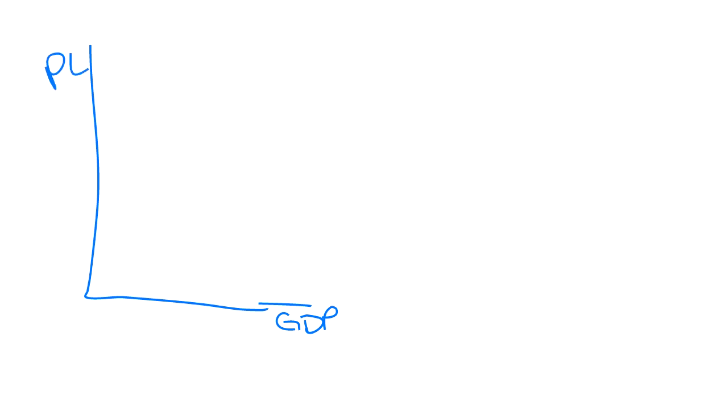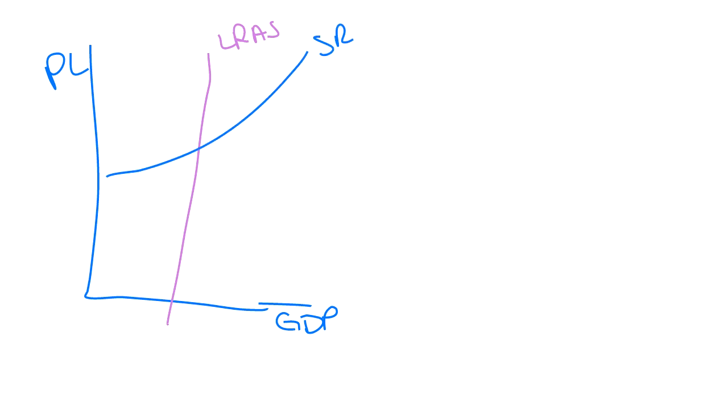Let's draw a clean graph for you. Price level and GDP. Sorry, this tablet I use makes me draw crooked, but I think you'll still be able to get it. Short run aggregate supply is way over here.